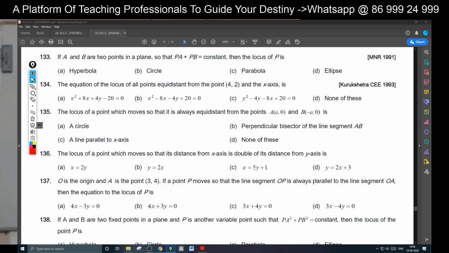And what you wrote there, take PA square minus PB square and start. Okay, that's what I did. I just transferred PB to the other side and squared it. Now I expect the answer for this 133, please. Respond, please. 133.